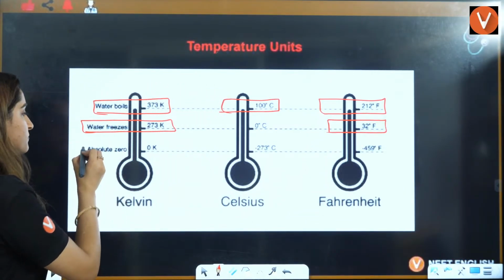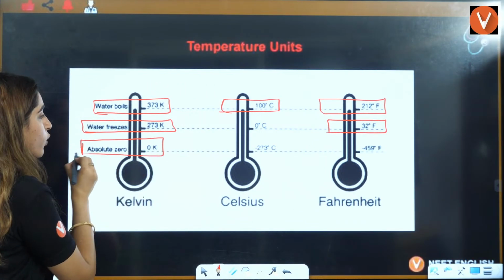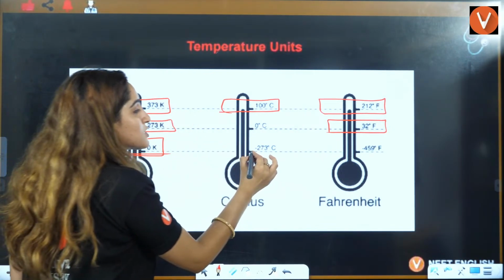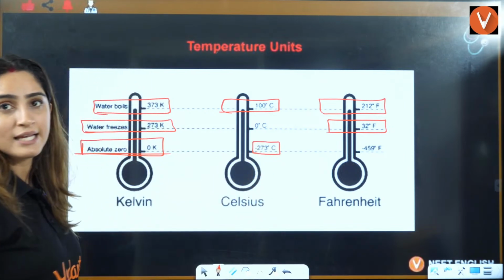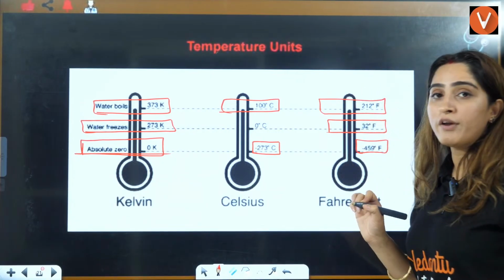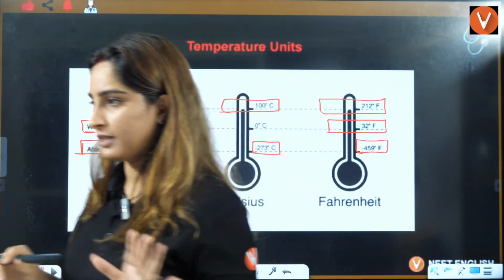Now, absolute zero is 0 Kelvin. In degree Celsius, it is minus 273 degrees Celsius, and in Fahrenheit, it is minus 459 degree Fahrenheit.